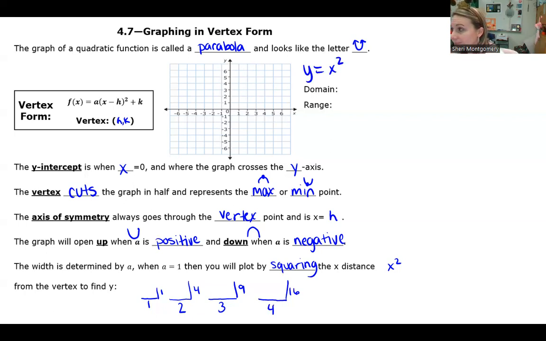Not a trick question. Is there anything in parentheses? Is there anything after? So what do you think that the vertex would be?